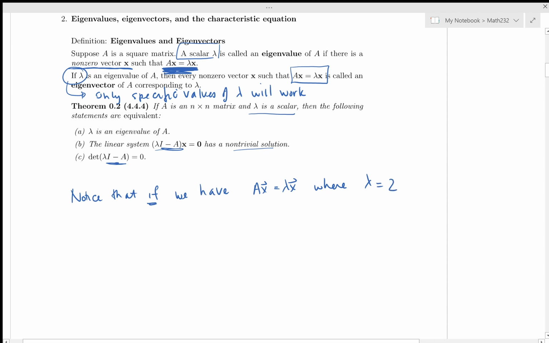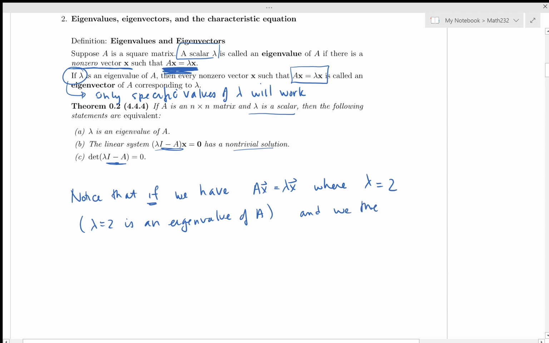We would then say that lambda equals 2 is an eigenvalue of the specific matrix A.